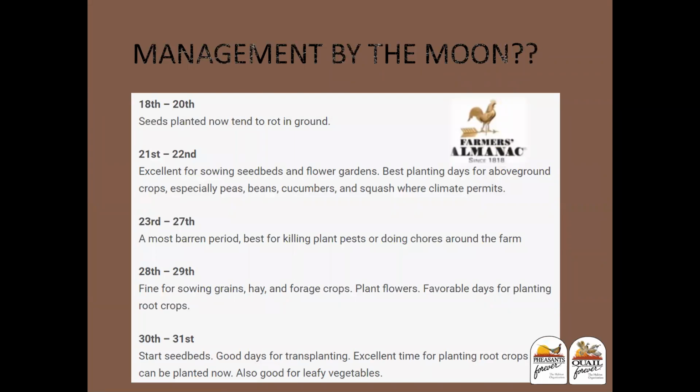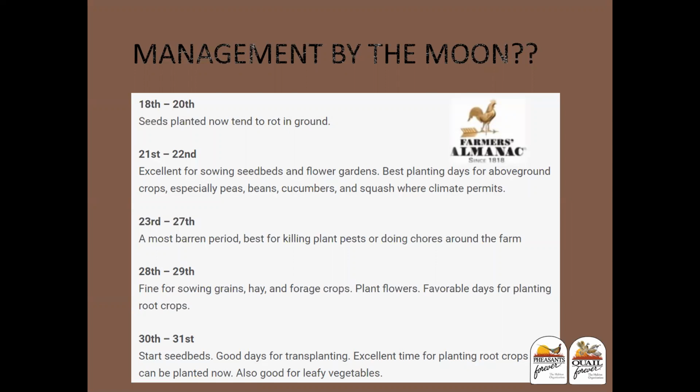And this here's a little tidbit of mine. My other colleagues probably think I'm a little old school and slightly crazy, but the Farmer's Almanac does have planting guides, and what they notice, especially, so this is March right here, so I pulled out this month. If anyone's looking to plan a good time for management now, you're looking from the 23rd to the 27th.